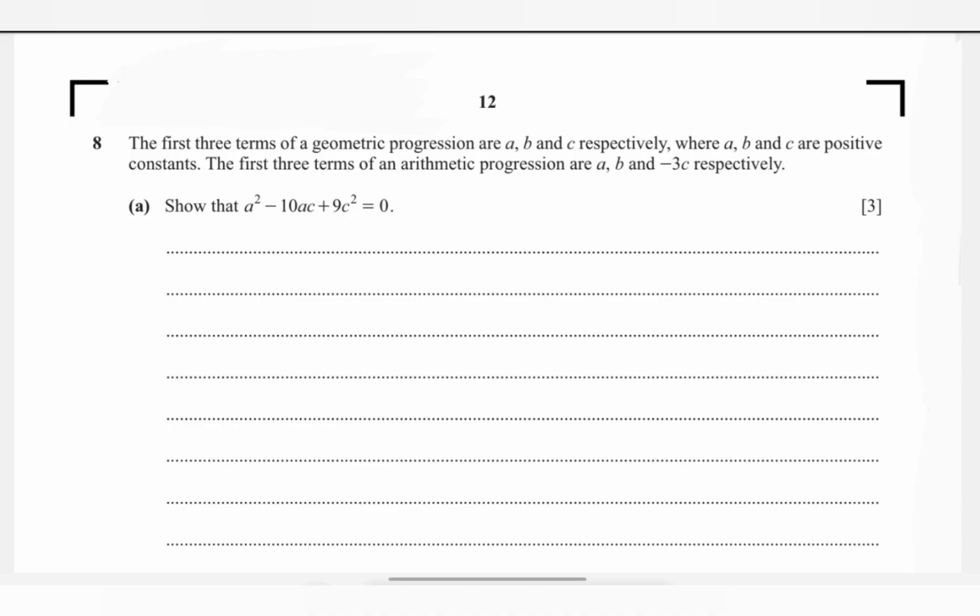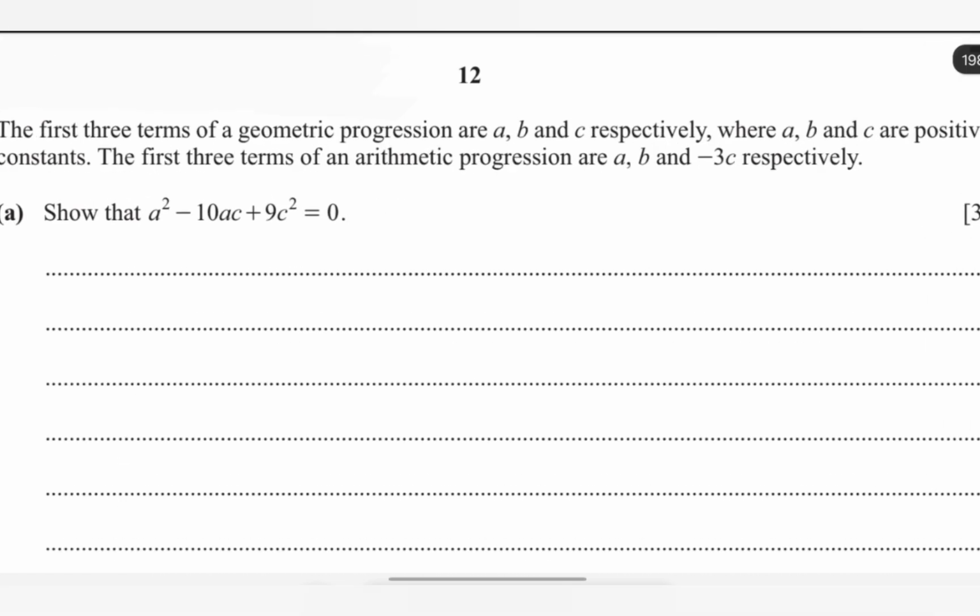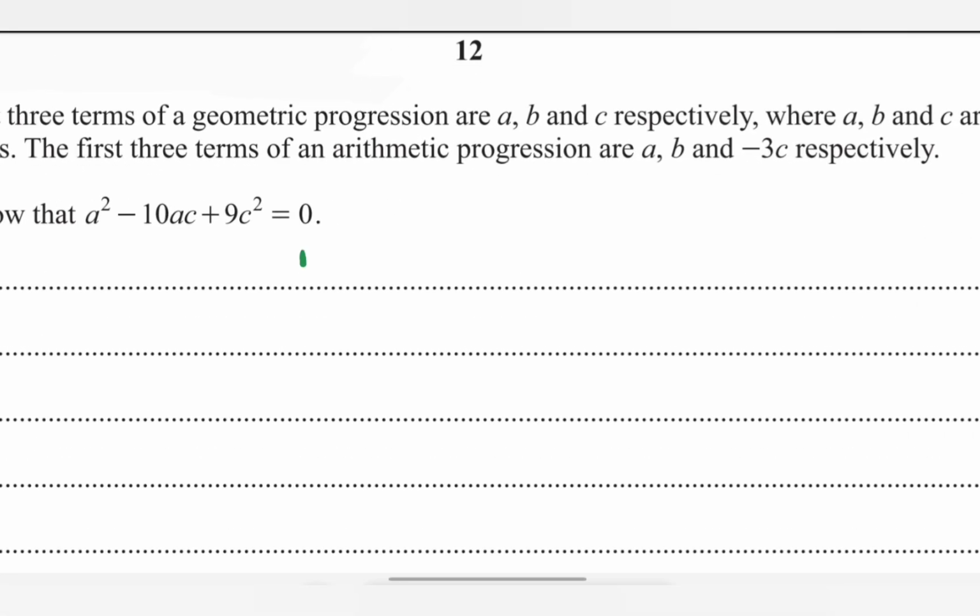Now, since we are told that the first 3 terms of a GP are a, b, and c, we know that for geometric progressions we have a constant ratio, which we get by saying the second term, which in this case is b, over the first term. And I said it's constant, so it's the same. So this is equal to the third term over the second term as well.